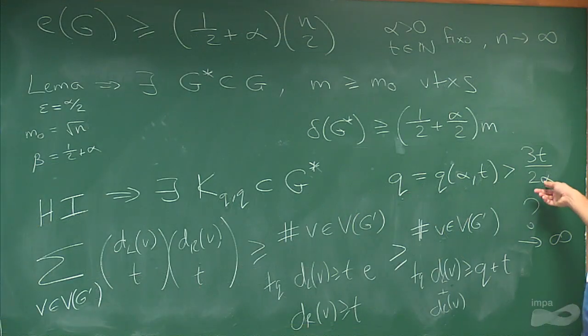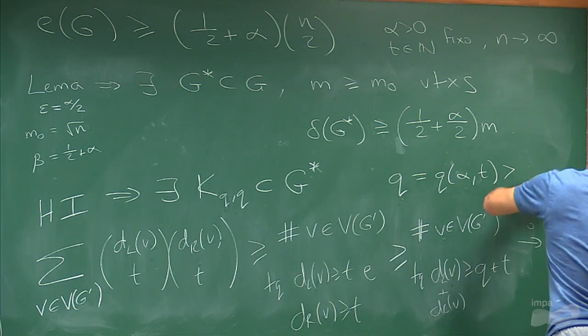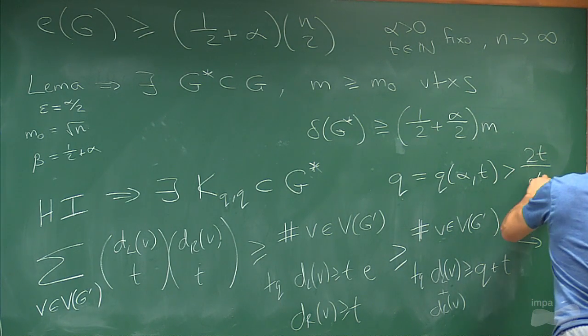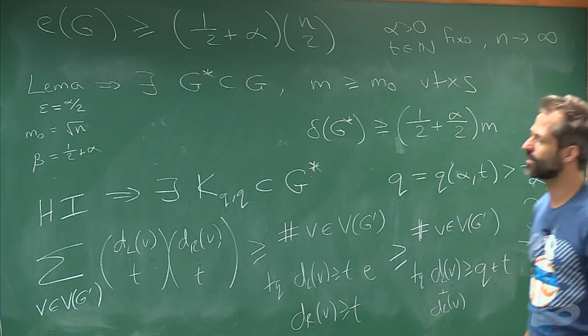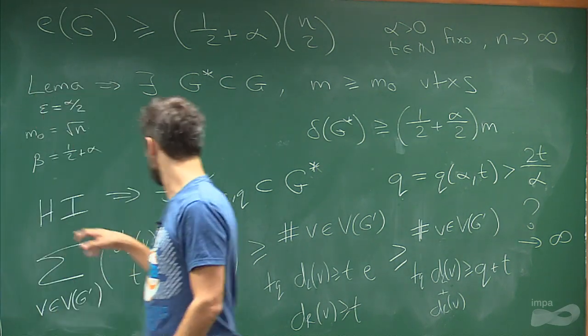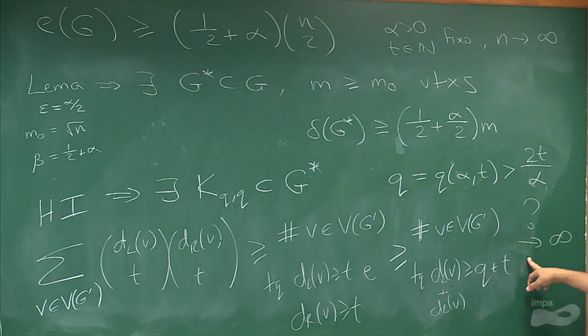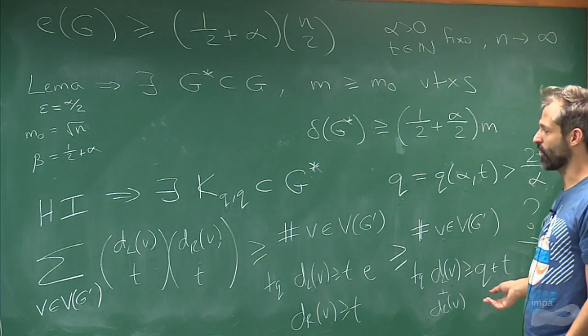Okay, so not even that big. Just somewhat big. Maybe I'll even make it 2t over alpha, so we have a bit of space. So it's a contradiction. So then x isn't bounded, so then this thing does go to infinity. And so we get a contradiction.